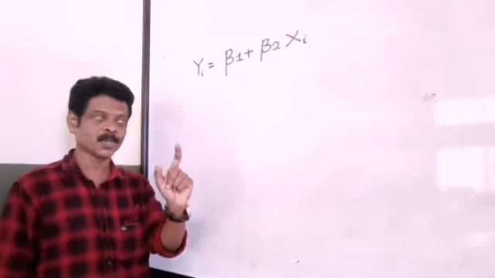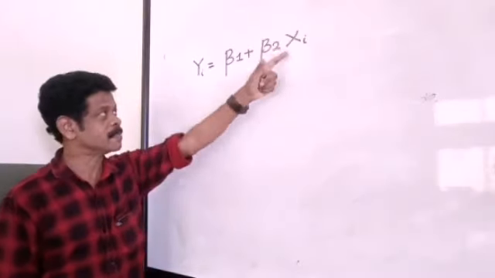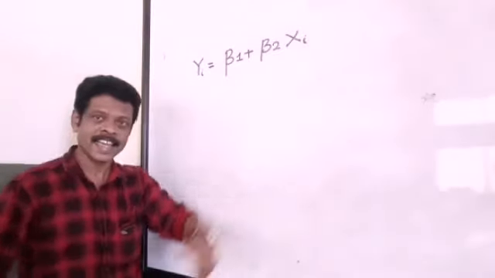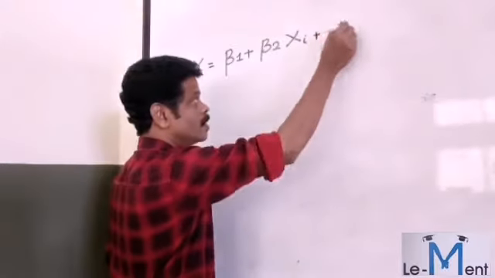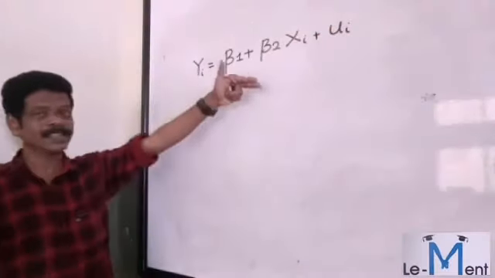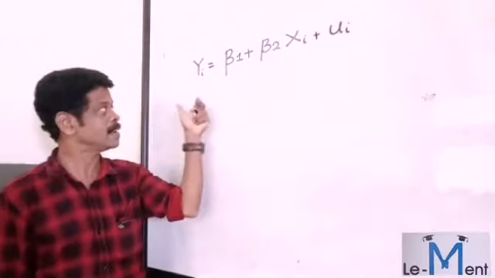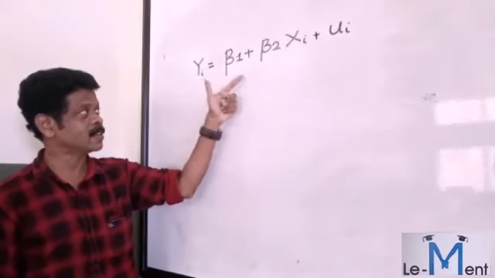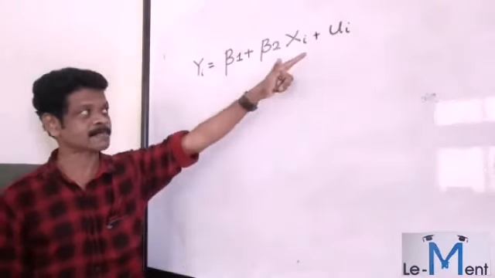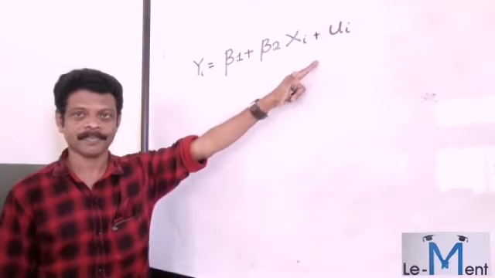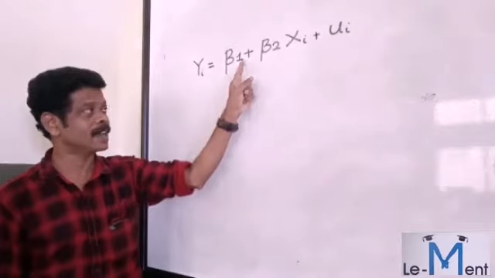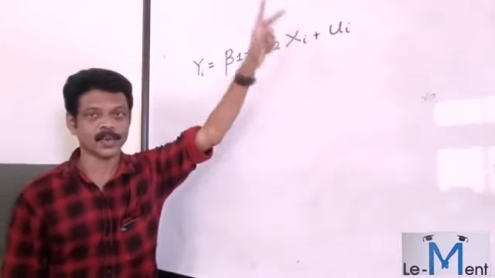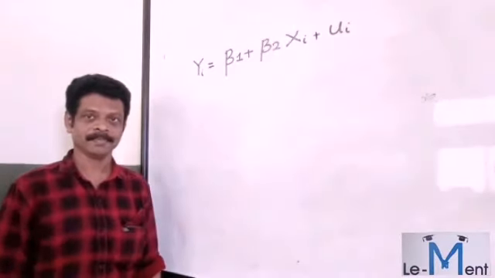So in order to show the inexact relationship between x and y, we can explicitly include one more variable u in this regression model and expand it to yi is equal to beta 1 plus beta 2 xi plus ui. Here y and x are the variables, beta 1 and beta 2 are the parameters and ui is the error term.